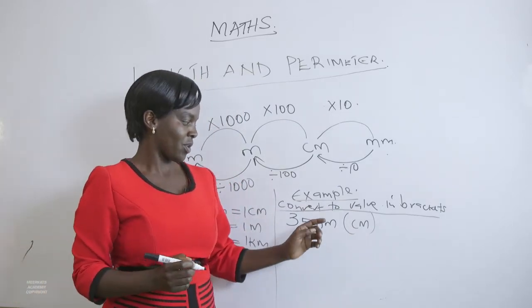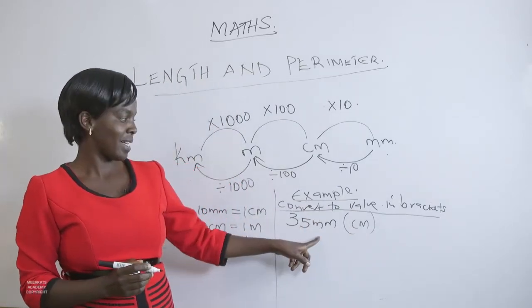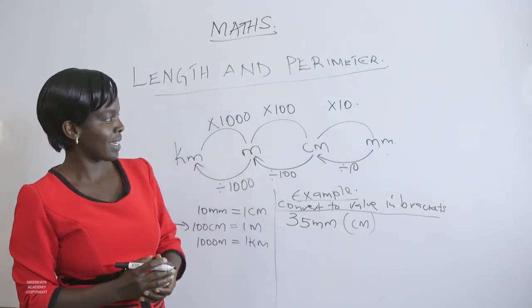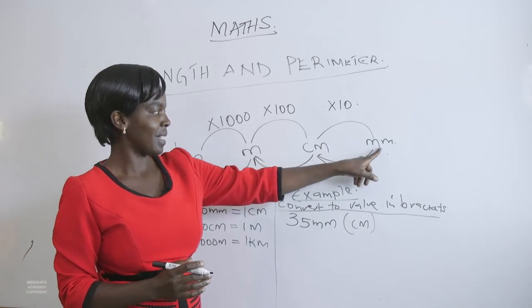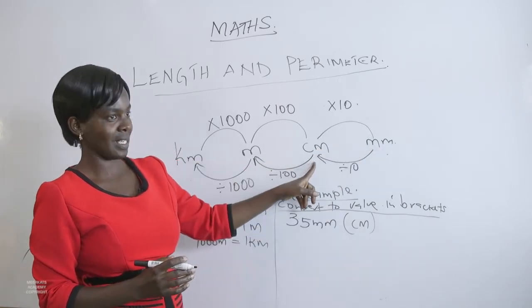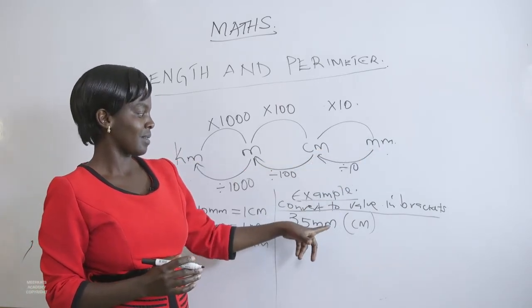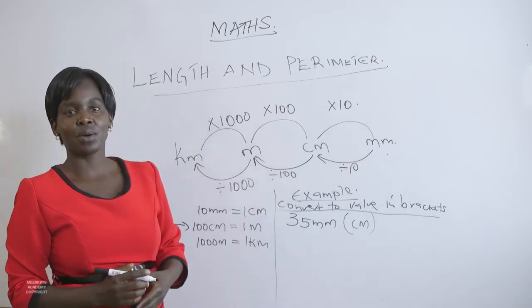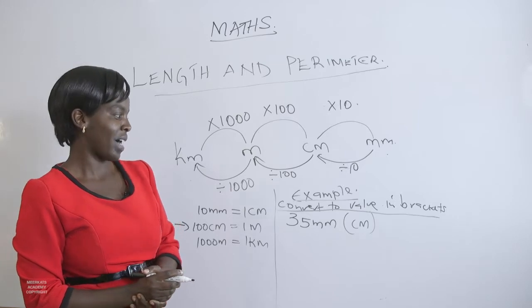So we are asked to convert 35 millimeters to centimeters. Again, we are supposed to go back and check. This is millimeters going to centimeters. Because millimeters is the lesser value compared to centimeters, this time around we are going to divide.